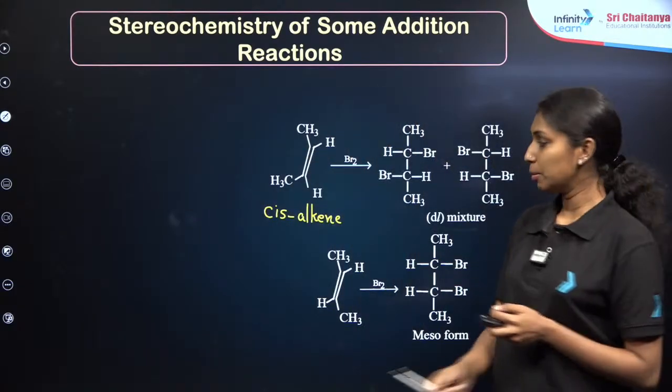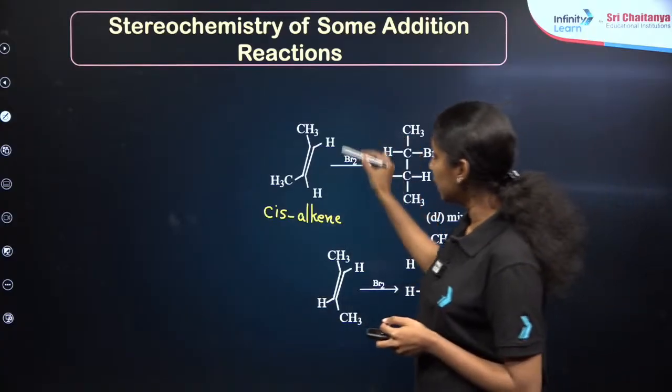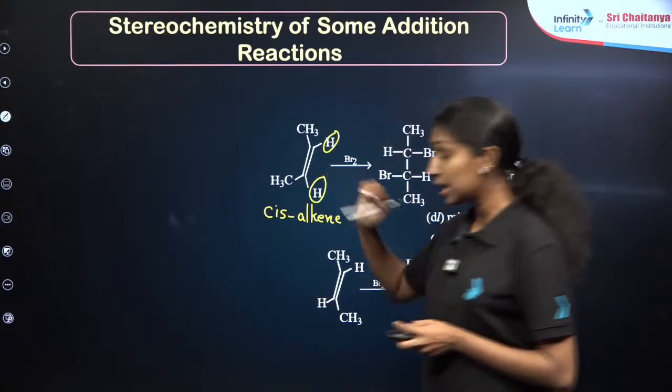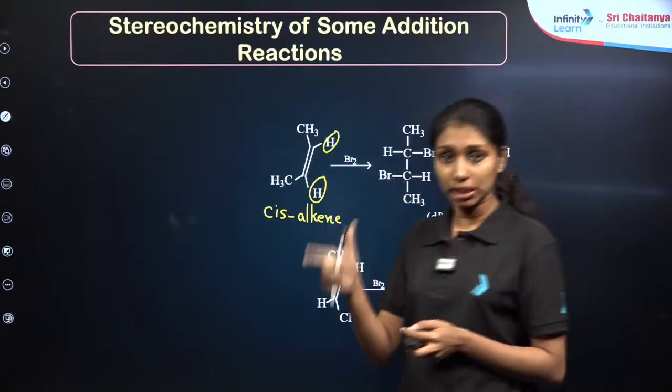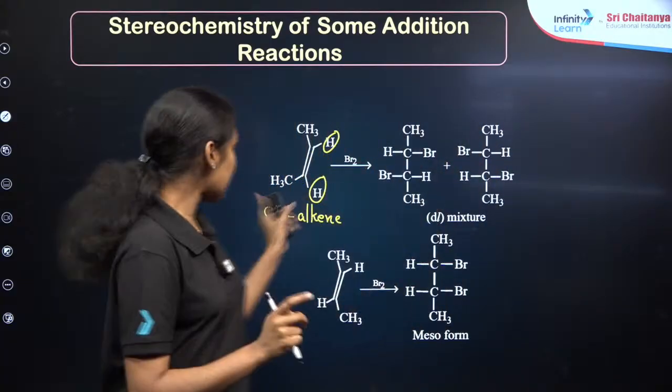Cis alkene, right? Because this is a cis alkene, as you can observe here. If you consider these hydrogen atoms only, they are on the same side of the double bond, which means that they are cis alkenes.